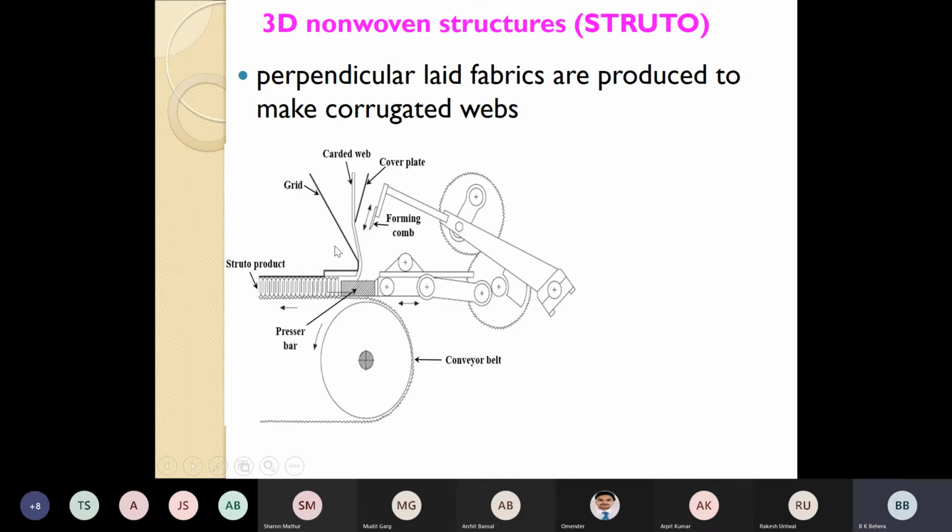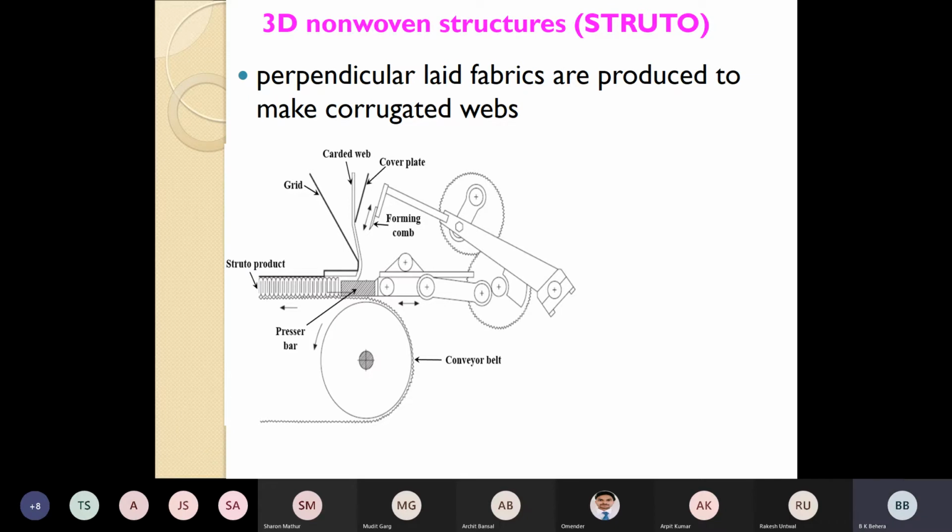Then this enters a hot air chamber where the fixation of the web takes place. Normally it is used for thermoplastic fibers. So a thermoplastic fibrous carded web is fed here. The forming comb pushes at equal intervals, converting this straight plain web into a folded form, and after being folded it passes through a hot air chamber where heating and setting of the web takes place to make a 3D structure.